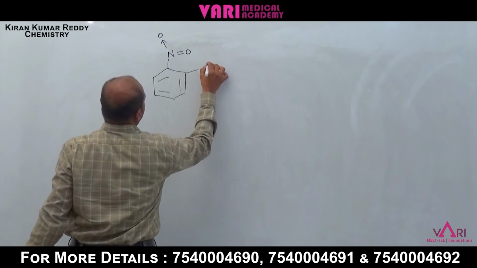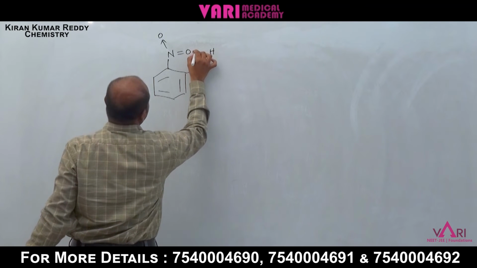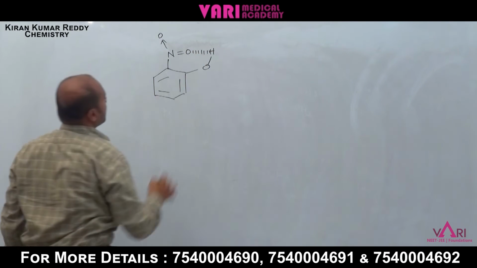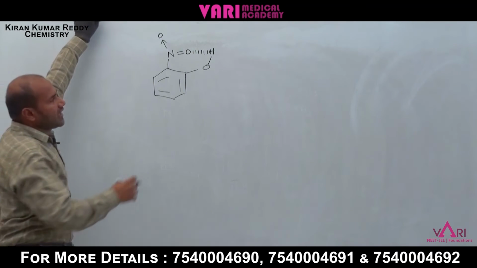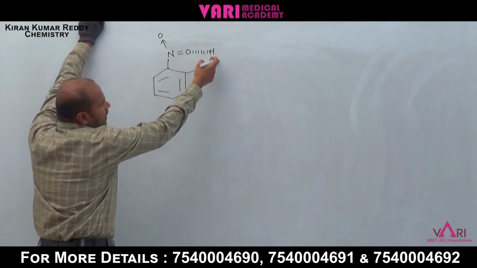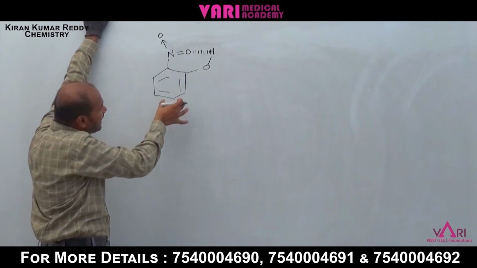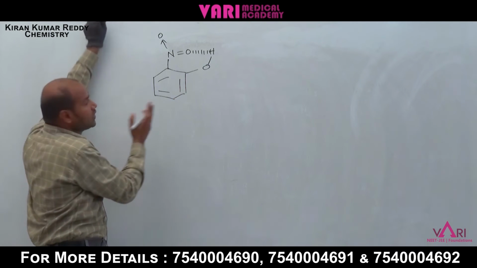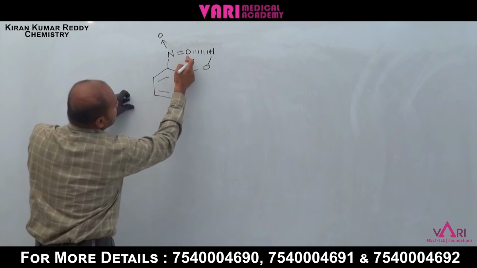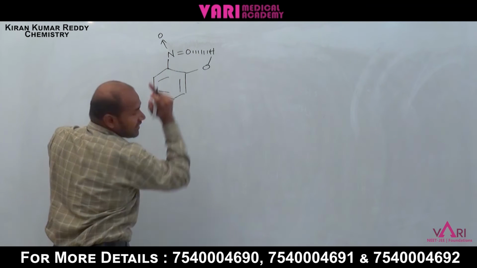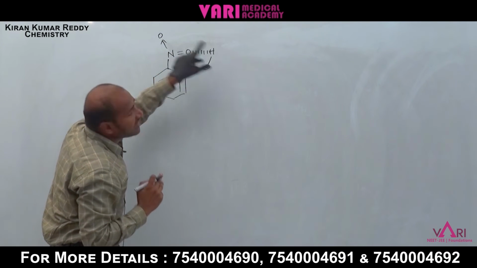If you take a hydrogen here, this is an electron rich heteroatom and an electron deficient hydrogen atom. That bond formation is called intramolecular hydrogen bonding, within a molecule, between electron deficient and electron rich atoms.